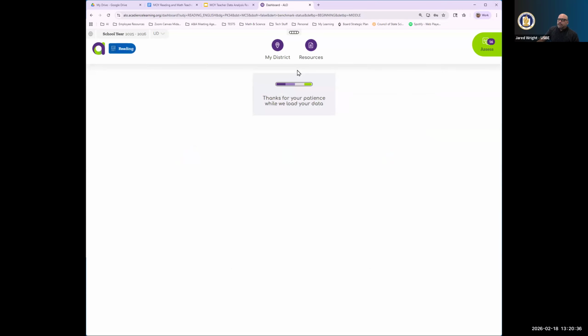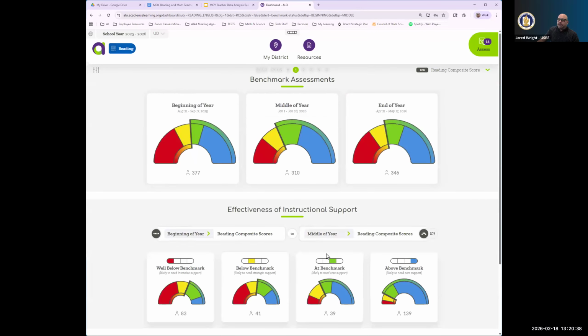And then you would make sure you're on the grade level. So this is the dashboard view. For this demo school, it shows me the number of students is 377. If you're a classroom teacher, you would see your class, and so obviously this would be a much smaller number.